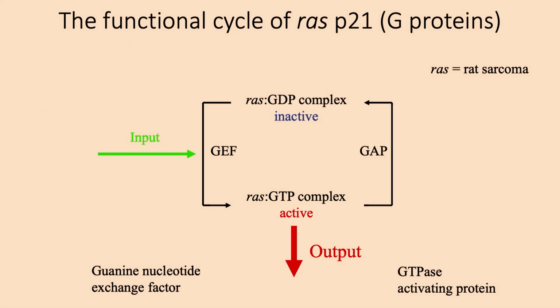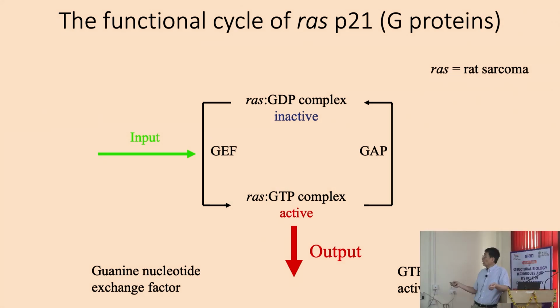The GDP complex is inactive, and the GTP complex is active. That's how you get output. As I said, this is bound for dear life, and in the cell, the concentration of GDP is much lower than GTP. So if your input signal comes in and uses a guanine nucleotide exchange factor to kick out the GDP, GTP will have a better chance to get in. And then you activate the complex.